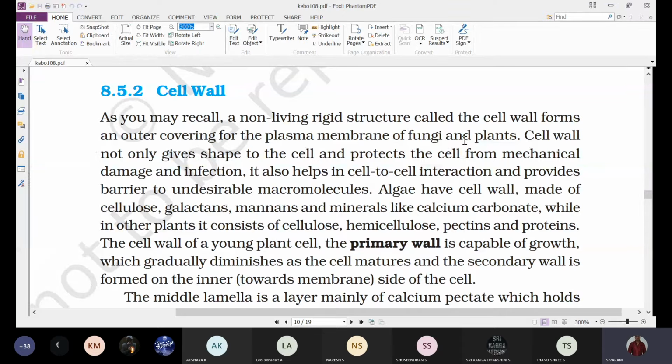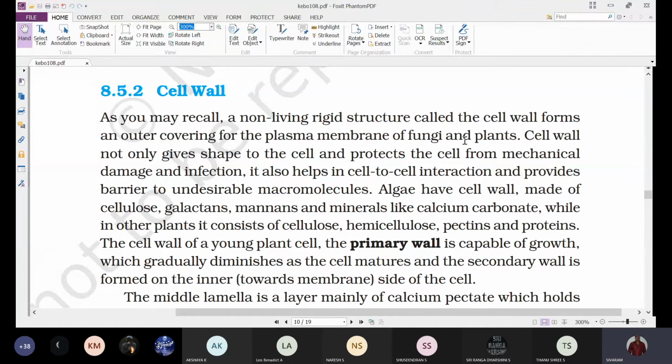In which eukaryotic cells will we find the cell walls? The cells of fungi and plants. The cells of fungi and plants usually consist of a cell wall outside the plasma membrane.